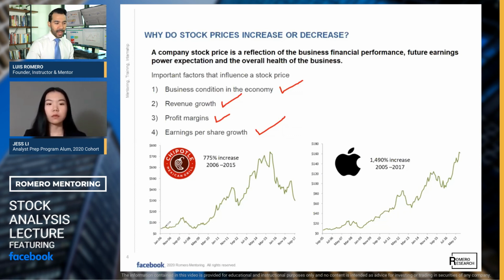Look at the upside that Chipotle experienced from 2006 to 2015, up 775%. When you dig deeper behind the numbers and understand the story, you'll see that Chipotle had a new concept: healthy-style Mexican food in a franchise model. I think the average time to order at a Chipotle was under 10 minutes.